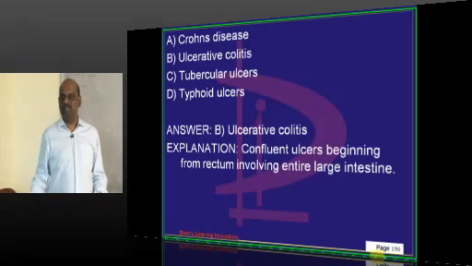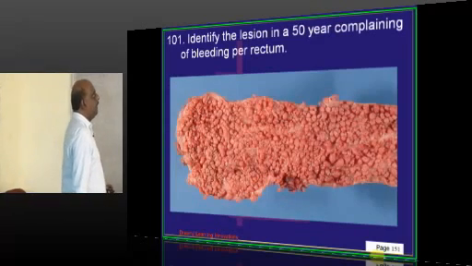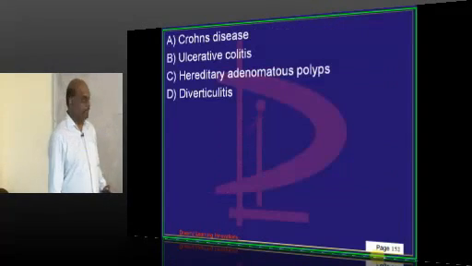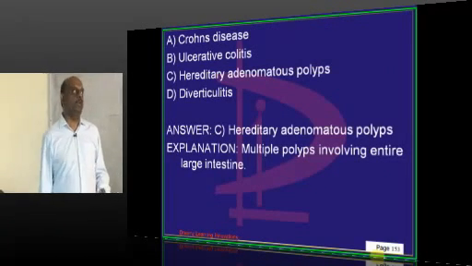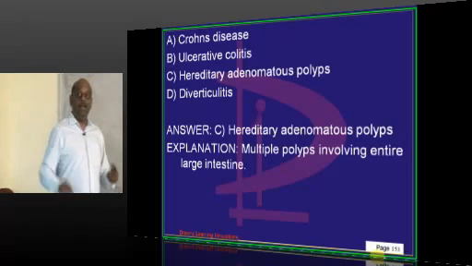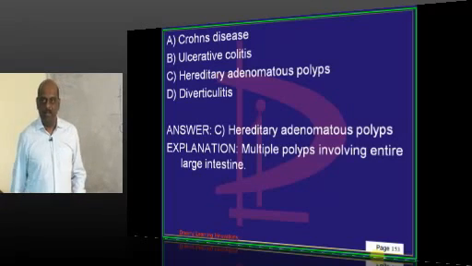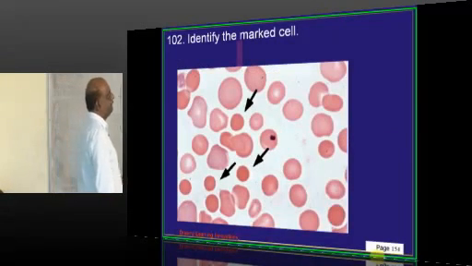You also have aphthous ulcers in Crohn's. Now identify the lesion, 50-year-old complaining of bleeding per rectum. So once more this is a case of familial adenomatous polyposis which has got a 100% incidence of cancer if you don't operate. So prophylactic colectomy is also done in case of FAP.